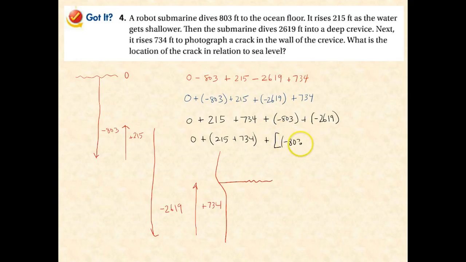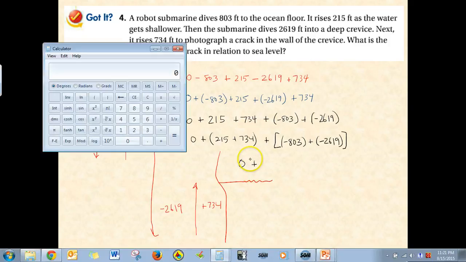Negative 803 plus negative 2,619. Then I can simplify inside the parentheses. 0 plus 215 plus 734 is 949.